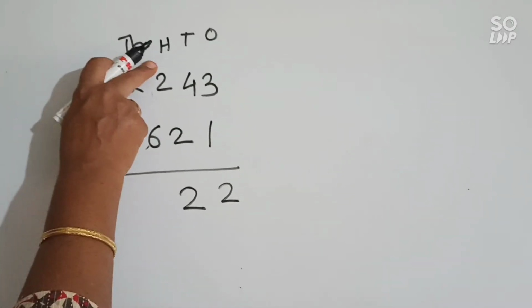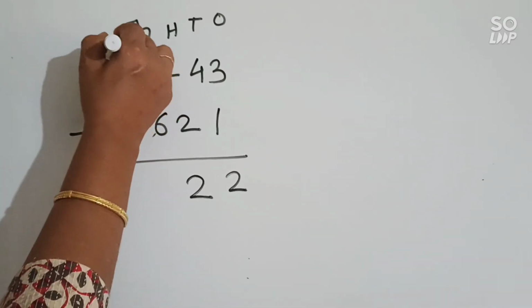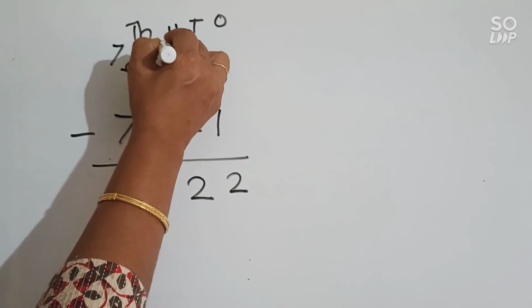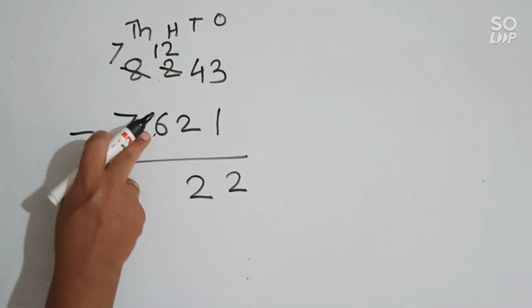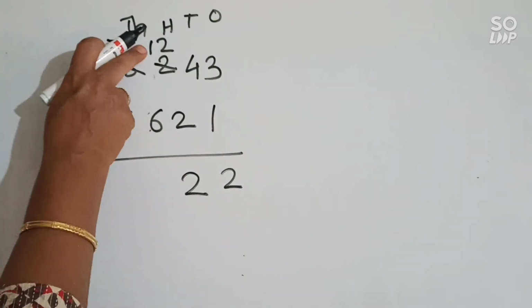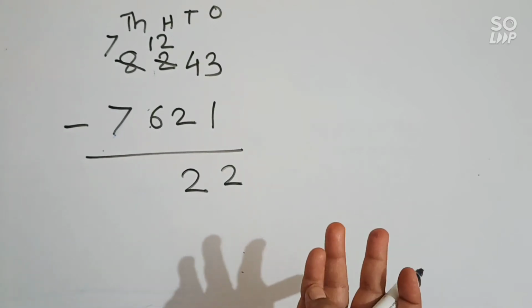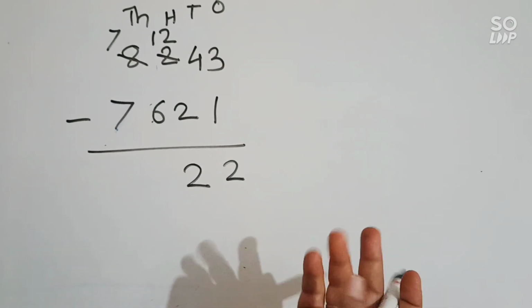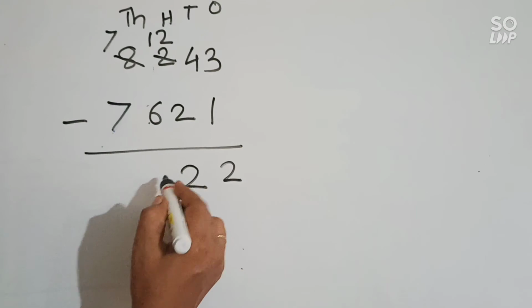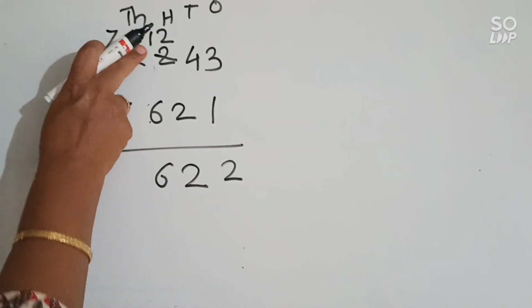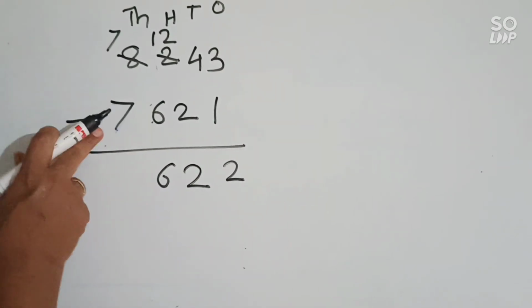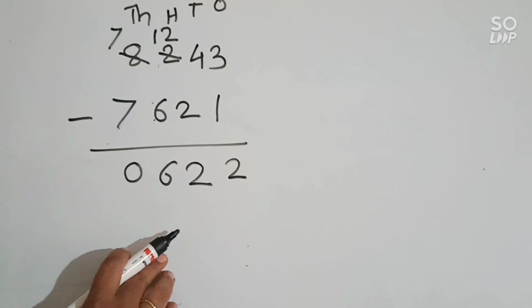When we give 1 to the hundreds place, here 7 will remain and here 12. So 12 minus 6, after 6 we count up to 12: 7, 8, 9, 10, 11, 12. How many? 6. 12 minus 6, 6. 7 minus 7, 0.